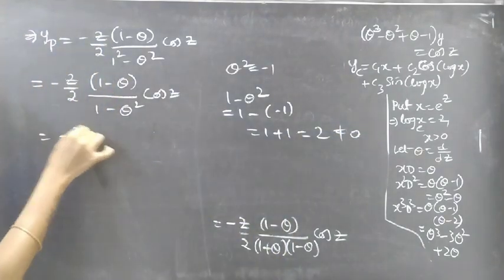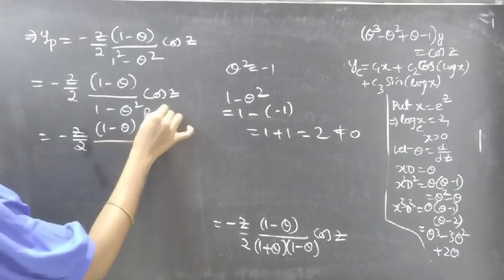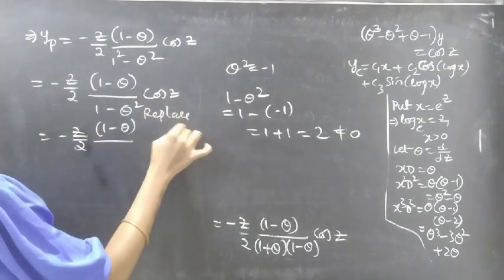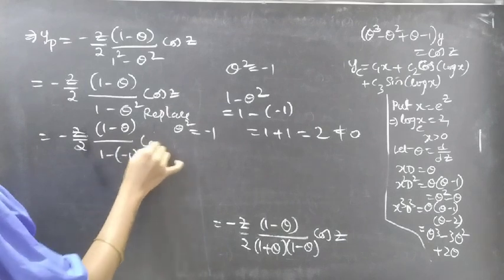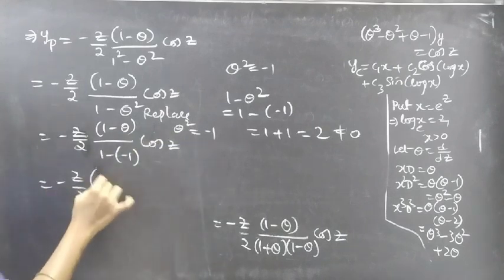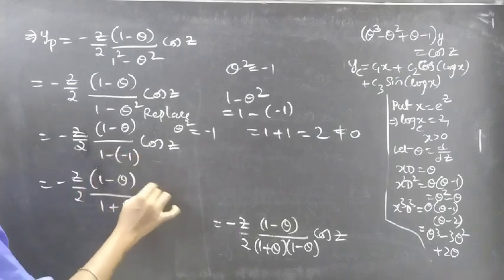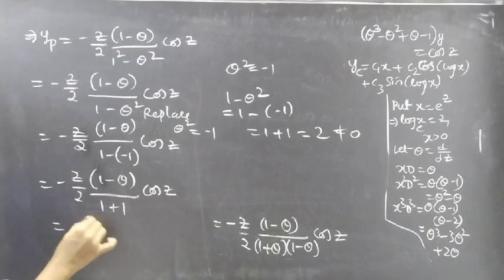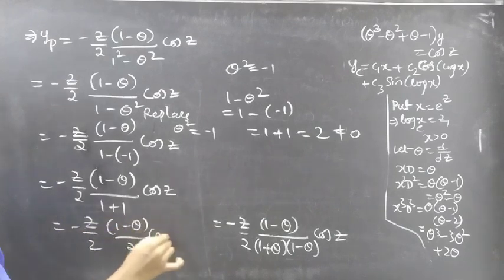So we'll get −z by 2 into (1 − θ) by, just replace θ² by −1, we'll get 1 − (−1) into cos z, which is equal to −z by 2 into (1 − θ) by 2 into cos z.